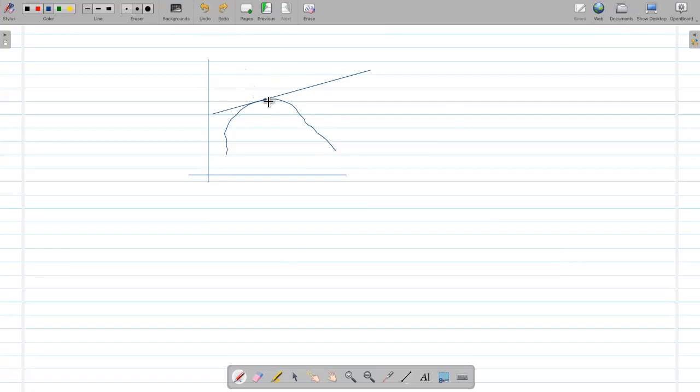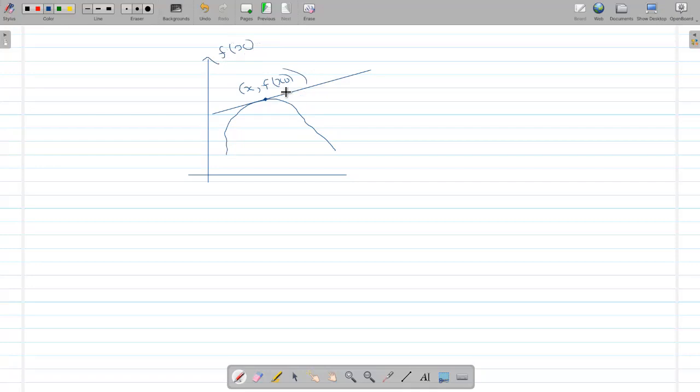So we want the slope of this tangent line. Okay. We call it x naught. Then the y coordinate is given by f(x naught), no? Because this is the graph of f(x).